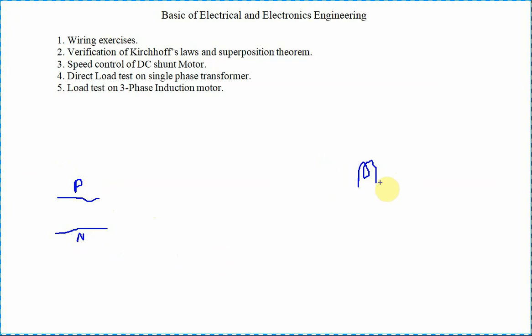The lamp has two terminals, terminal 1 and terminal 2. It is an incandescent lamp, so it has no polarity. Similarly, AC power supply also has no polarity, but the phase line and the neutral line are important. You connect one line to the neutral, that's all.